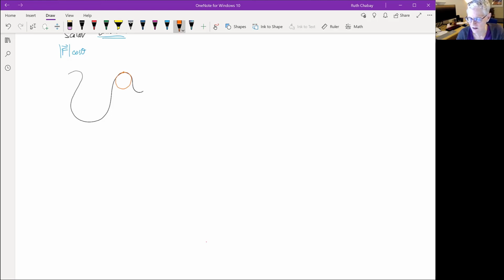So instantaneously, if it's here going that way, it's as if it was traveling in that circle. Sometimes the circle might actually have a larger radius of curvature than the path here.